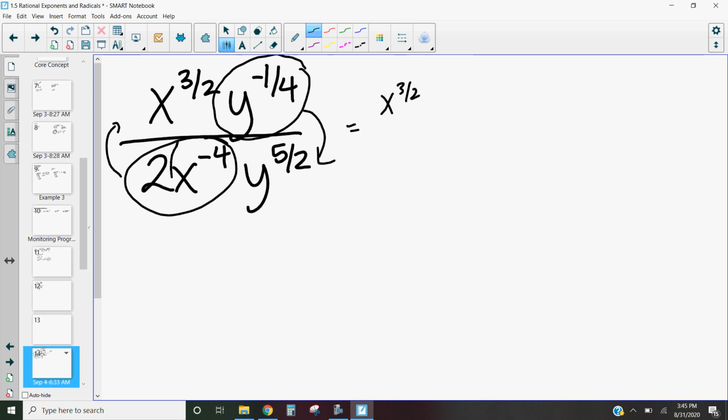And so then we can solve that, and we can end up with x to the 3/2. This 2 is going to stay on the bottom here. x to the 3/2 times x to the 4th over 2 times y to the 5/2, y to the 1/4.